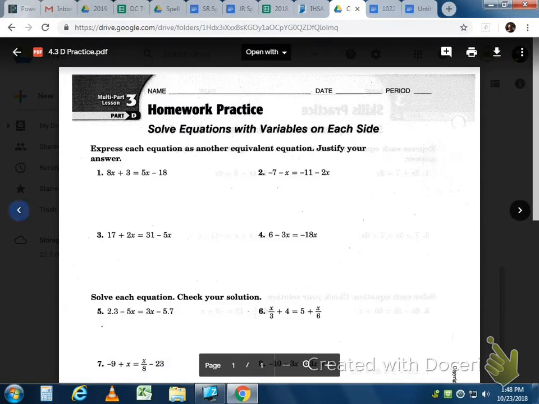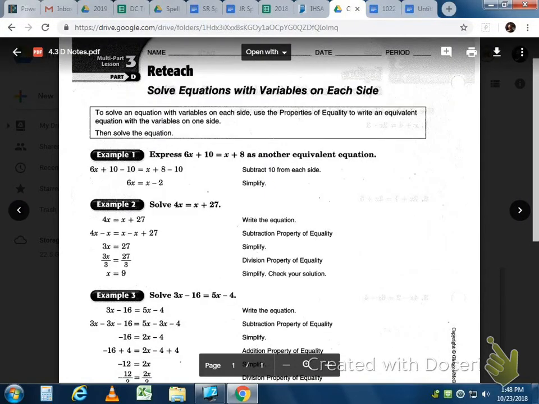So what I want you to do is add to what's there at the top by saying that you move the smallest variable to the other side.